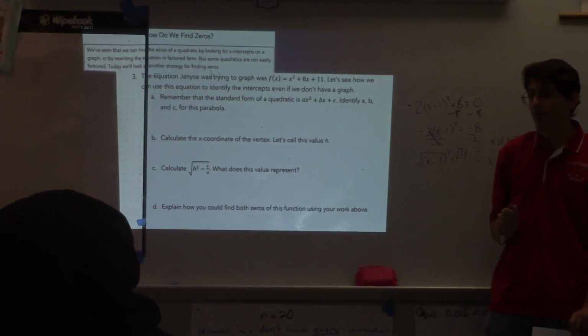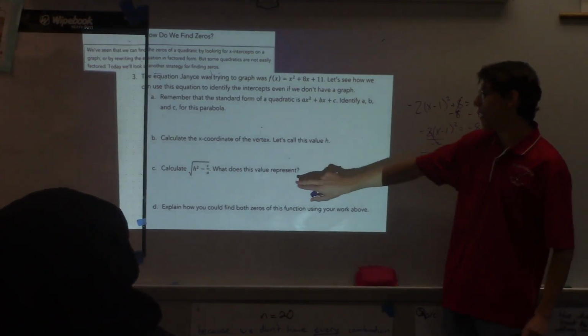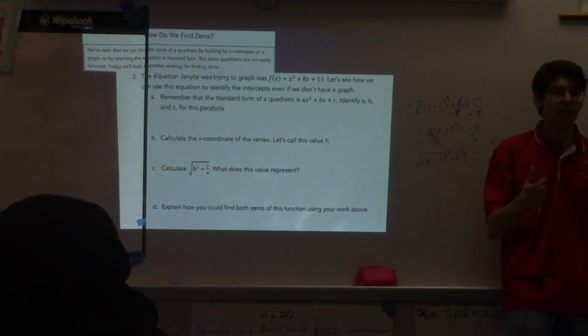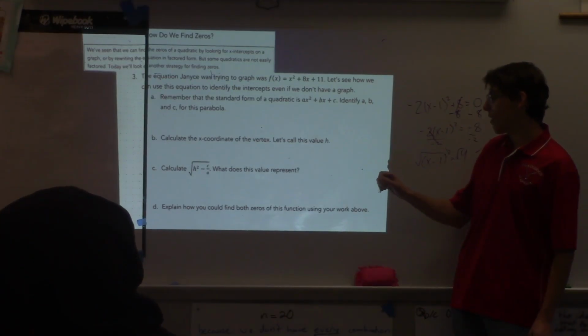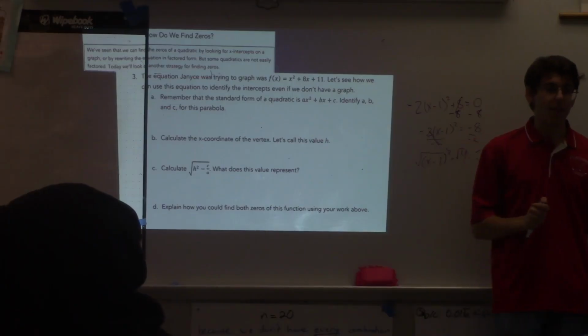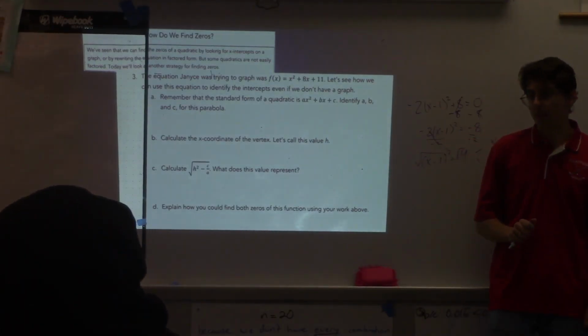It was a distance, right? It was a horizontal distance, right? And where did we use that horizontal distance to find? We calculated it from the vertex, or we could also say from the line of symmetry, right? We used that distance outside of the vertex, or we added it to the vertex. What did that give us?